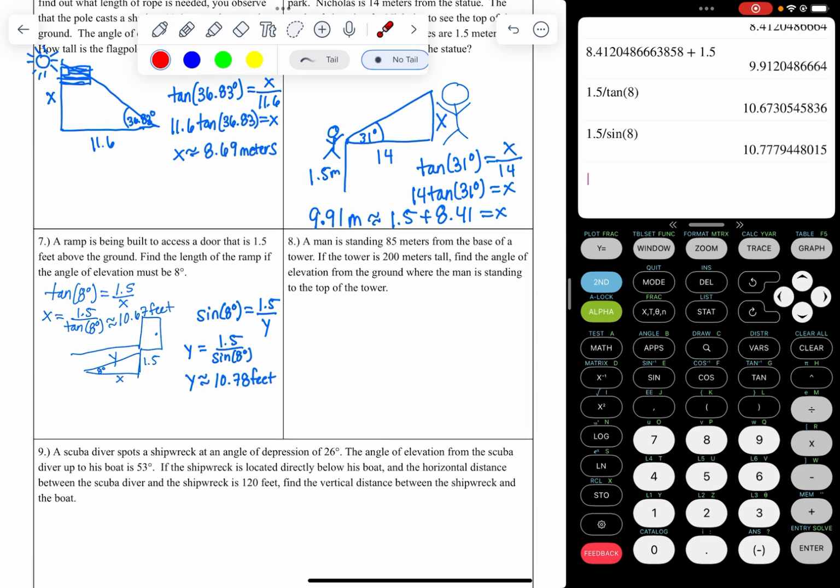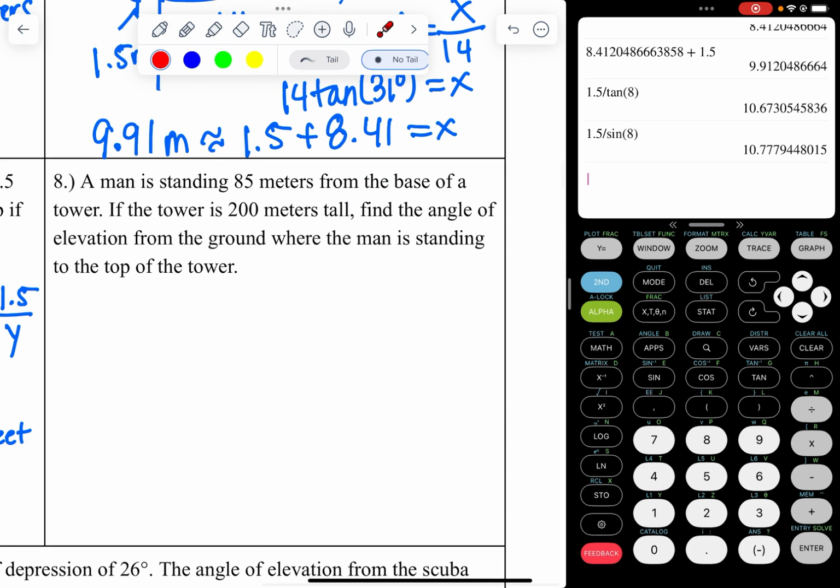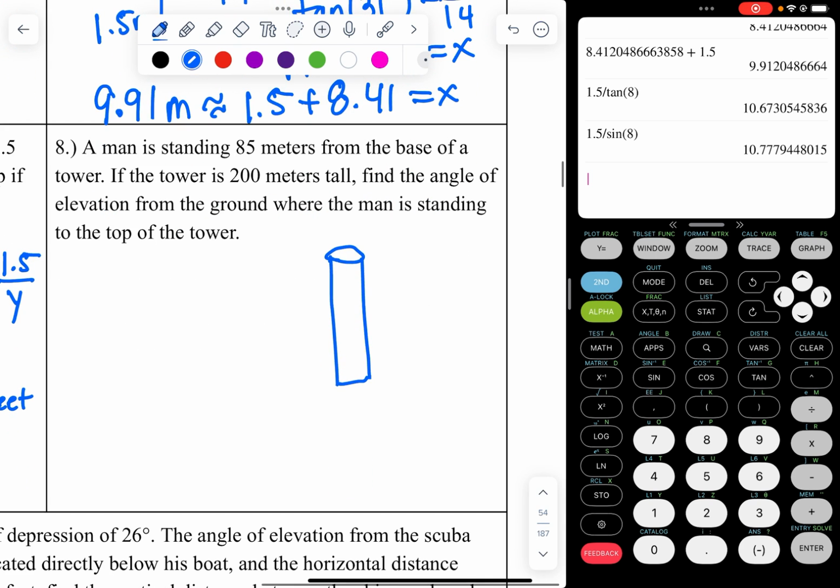All right, number 8. A man is standing 85 meters from the base of a tower. So here's our tower. The man is standing 85 meters from it.